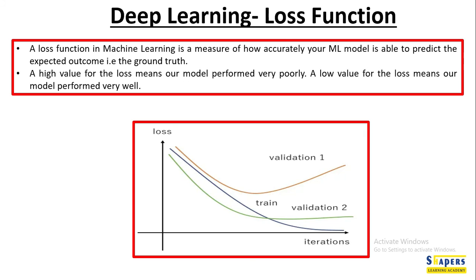A loss function in machine learning is a measure of how accurately your ML model is able to predict the expected outcome, which is the ground truth. A high value for the loss means the model performed very poorly. A low value for the loss means the model performed very well. So let's stop our understanding of the loss function here, and in the subsequent videos we'll have a detailed explanation of the loss function and its calculations.